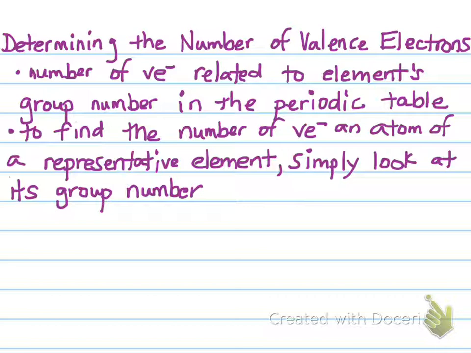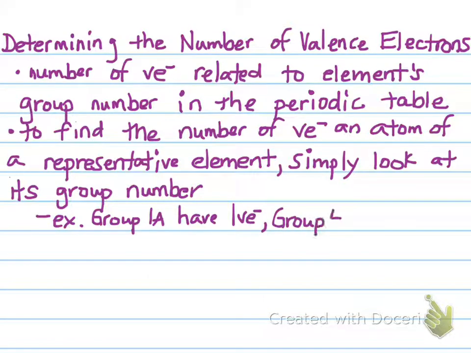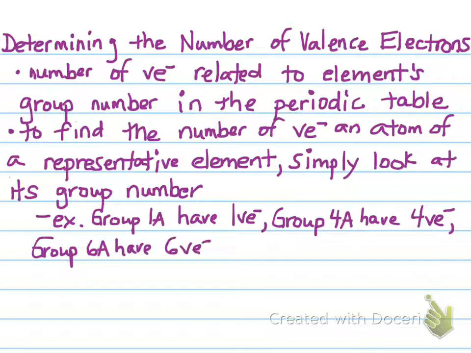So, for example, group 1A has 1 valence electron. Group 4A has 4 valence electrons. Group 6A has 6 valence electrons.